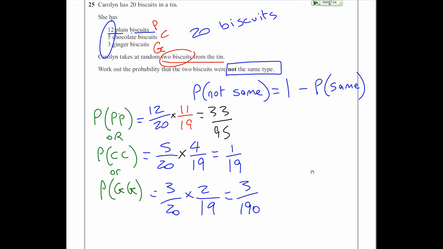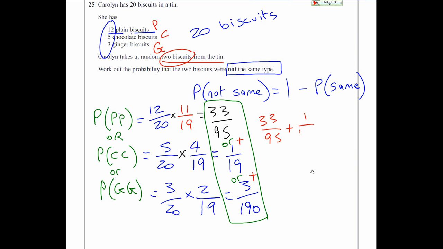Right, so it's that or that or that. Now because you've got options, you can add any of those, it's going to be getting more likely. And when you're saying I want that or that, in probability, you're going to add. So we're going to add 33 over 95 plus 1 over 19 plus 3 over 190.